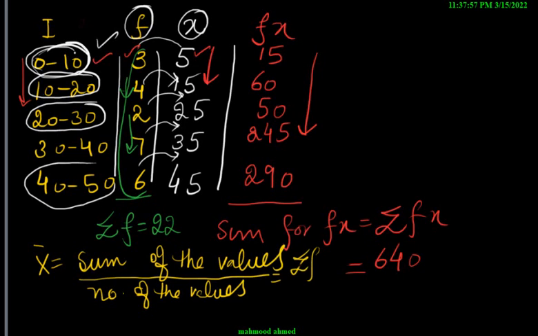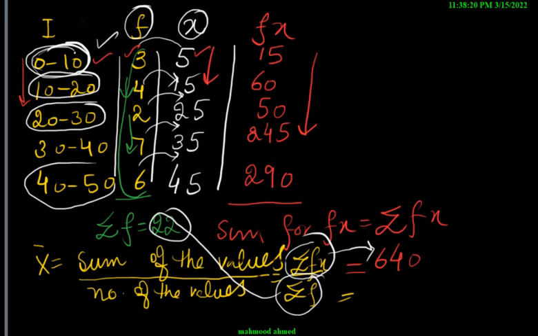So x bar is sigma fx over sigma f. We already have the value of sigma fx, which is 640, and sigma f is 22. So we use these values, 640 and 22.